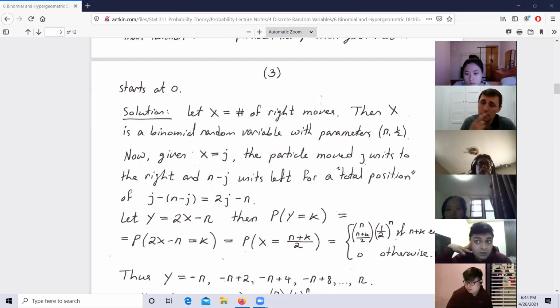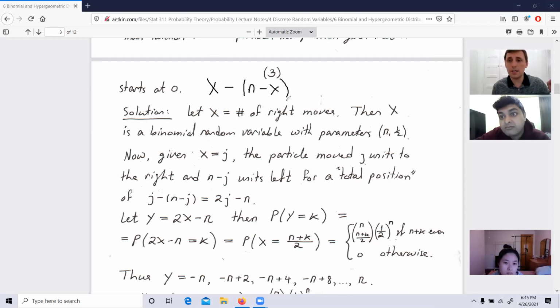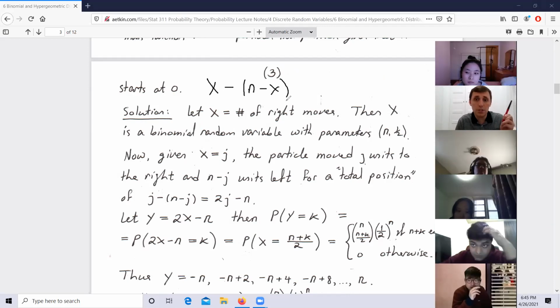So if X is the number of right moves, the number of left moves is n minus X. So we are interested in what values can be taken by the function X minus (n minus X). You agree? Because my final position is exactly the number of right moves minus the number of left moves. Do you agree?